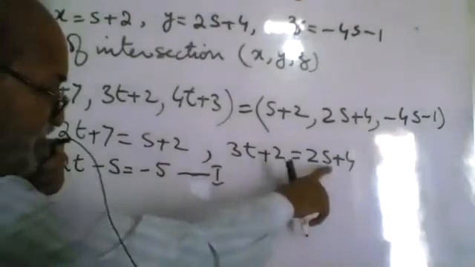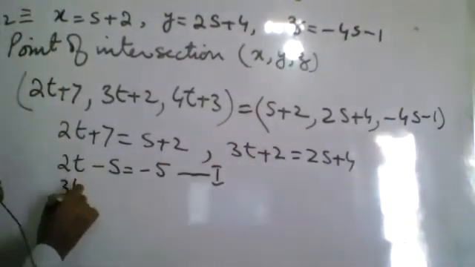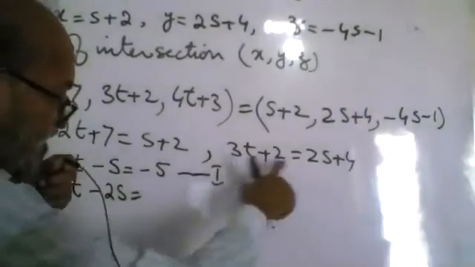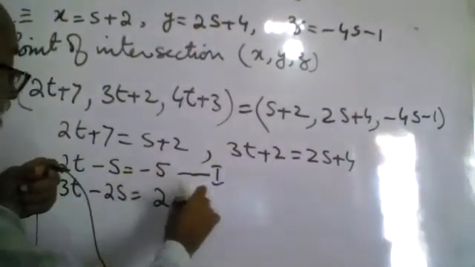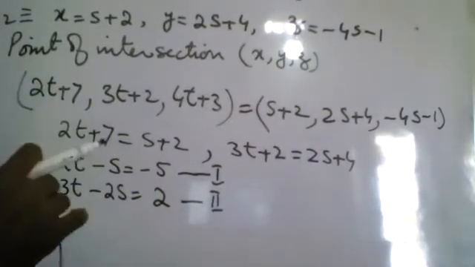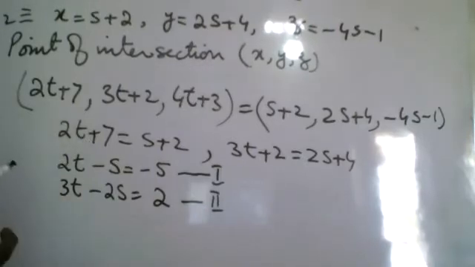And from here also 3t minus 2s is equal to 4 minus 2, which will be 2. This is the second equation. We will solve these two equations to find the values of S and T.